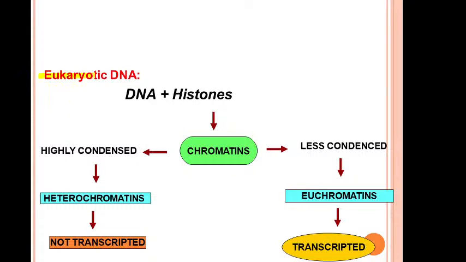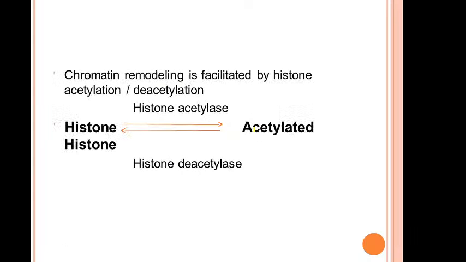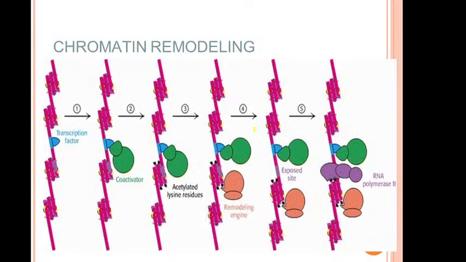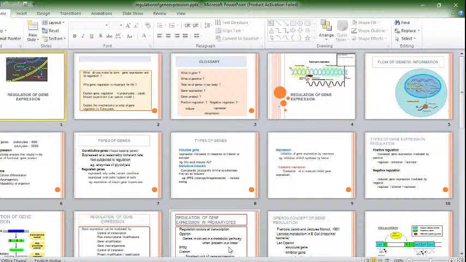This type of regulation is also there in eukaryotic DNA, but that is a little bit more complex. Our main focus is on prokaryotes only, the operon model only. That is how we are able to enhance the reaction and how the reaction will be stopped.